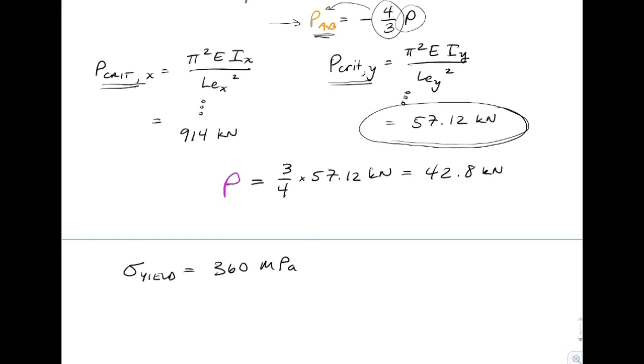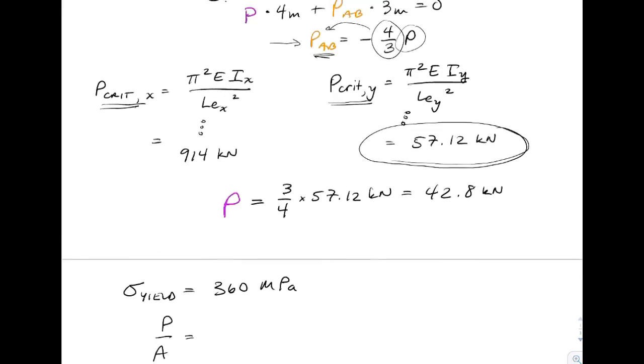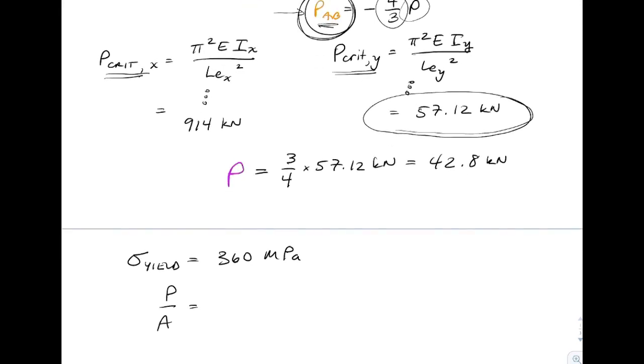So now we have the ability just to check the material. And so P over A, the normal stress, would be the internal force in member AB, which we know is equal to 57.12 kilonewtons, dividing by the cross-sectional area.